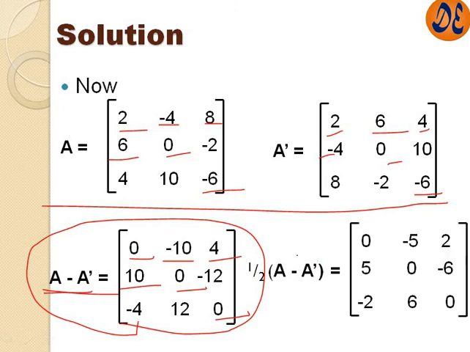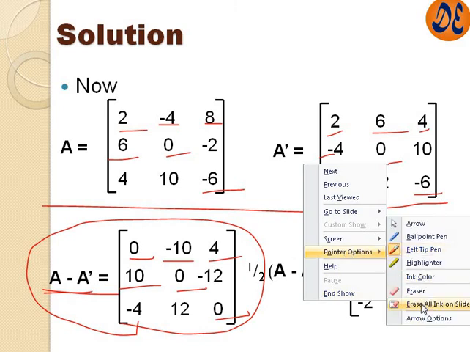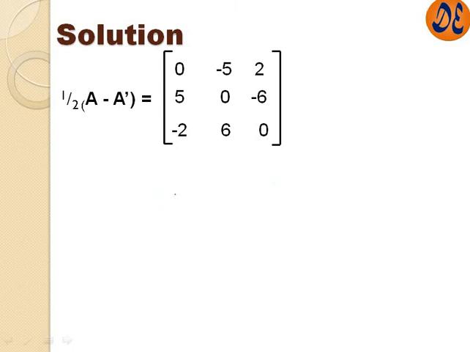And if we try to get half of this particular matrix, again we will have to divide each and every element by 2. So you can check over here, each element is divided. Minus 4 is minus 2, 10 is 5, minus 12, minus 6, and so on. So we are getting this one.